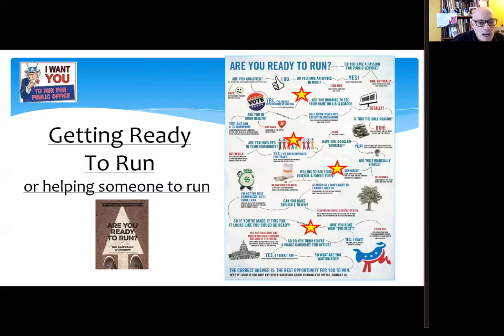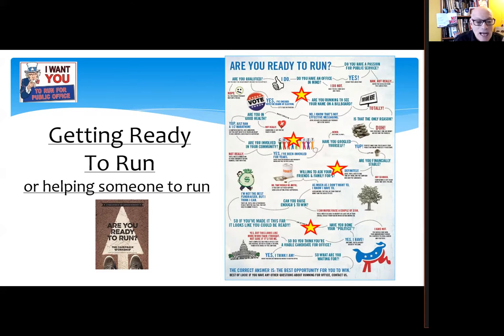So we will now reference a resource, and some other resources that are in the chat and in your Basecamp space. These resources are available for you to download, and there's even more that we're not going to cover.